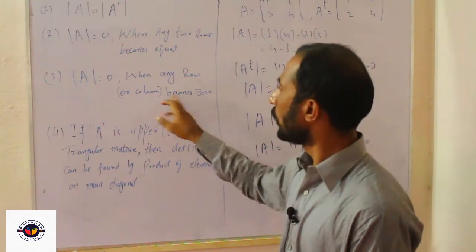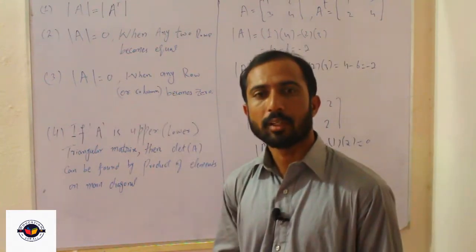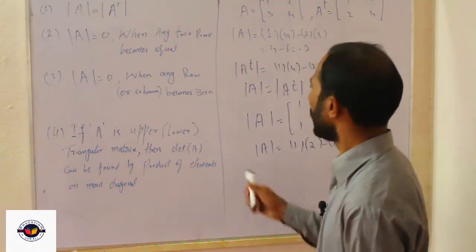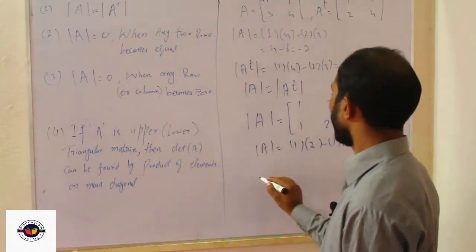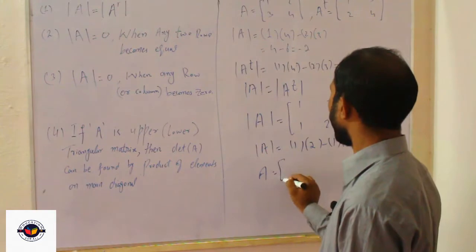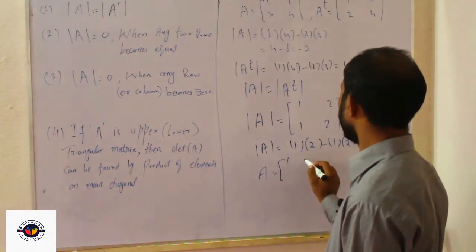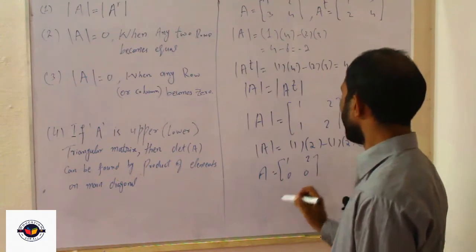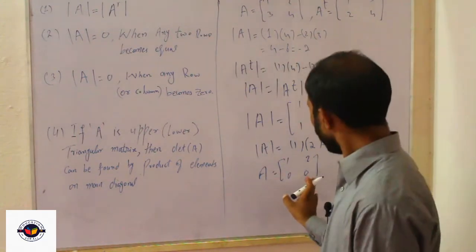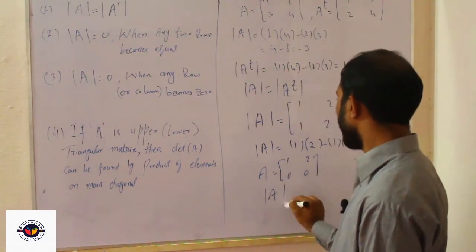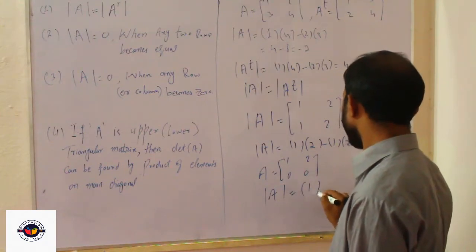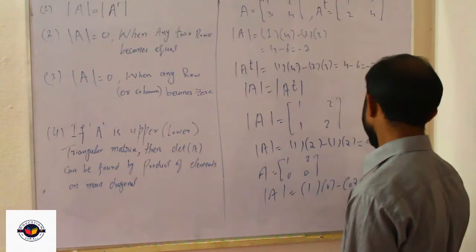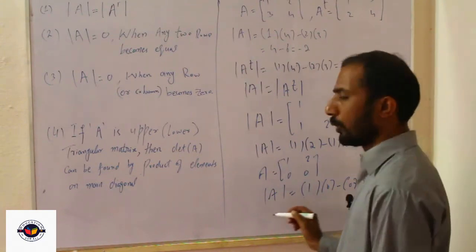Whenever it becomes 0, in this case the determinant of that matrix will be 0. For example, we take the matrix A as 1, 2, then the second row as 0, 0. When we compute the determinant, we see that it is 0.